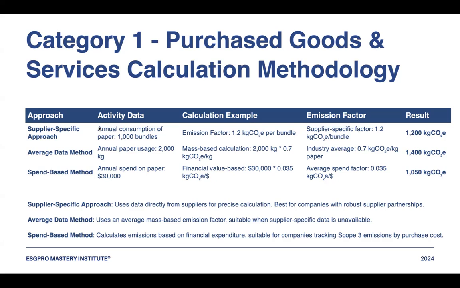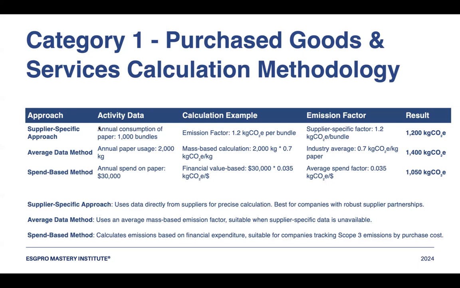If he had GHG emission per bundle or per kg of the paper he's supplying to me, then it would be ideal. Like in the first case, you see in the calculation example, the activity data I have received is how many bundles he supplied to me. He said that annual consumption is around 1,000 bundles.